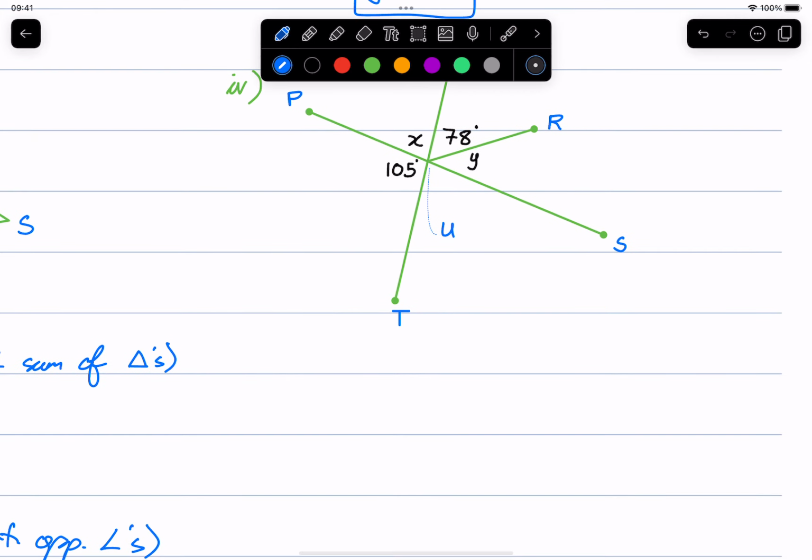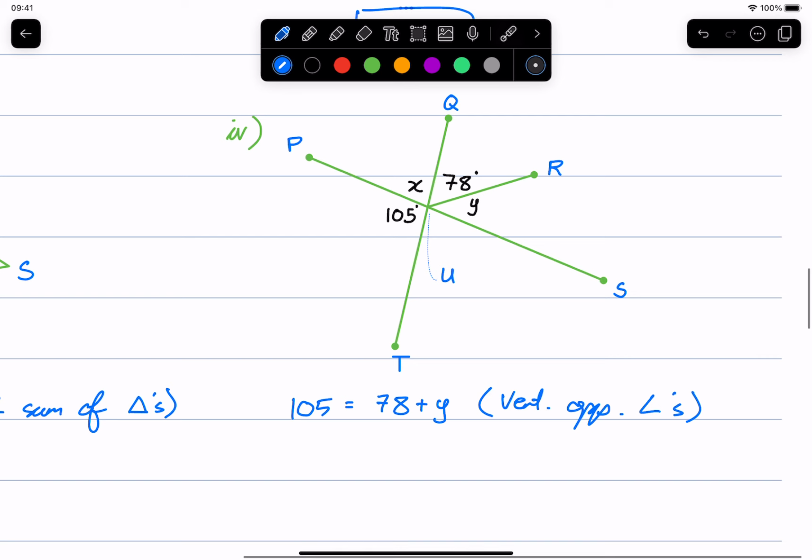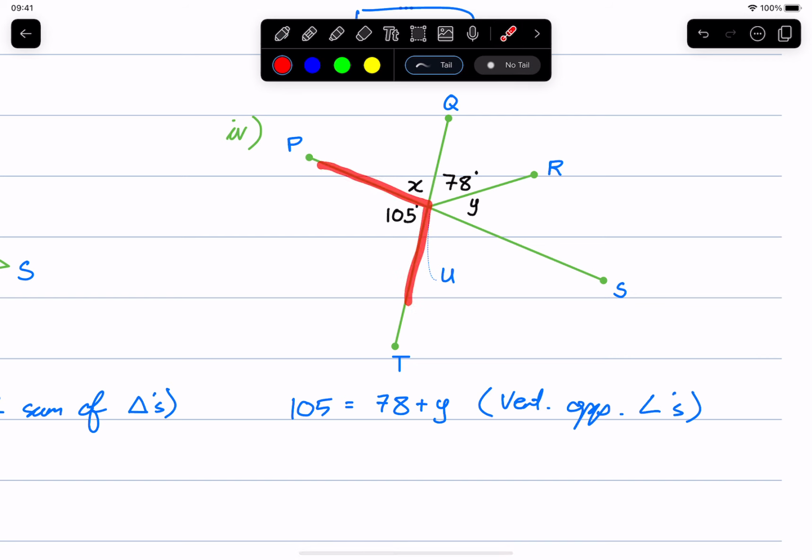So we can write that, okay, now watch very carefully, 105 must equal 78 plus y. That is vertically opposite angles. I'll go a little bit slower now. So these two pairs are vertically opposite. It's just that this angle, like how about this?